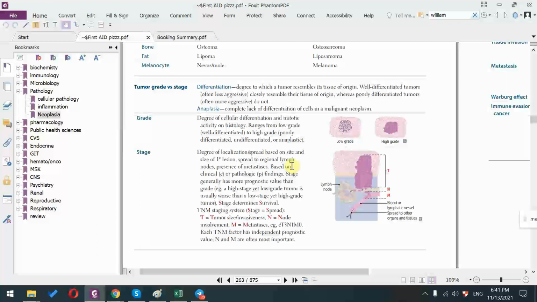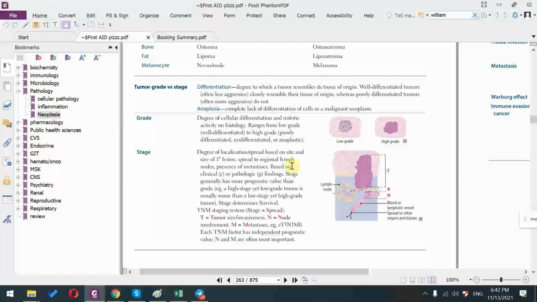It does not mean that we check the stage before the grade, but I'm telling you that the stage is a much better prognostic factor than the grade. Okay? Because when you check the grade, it might look awesome, it might look well differentiated, but if you have the tumor in every single tissue in the body, that's poor prognosis. So the staging is more important than the grading, but we do both. Okay? Because the grading is easy to do, while staging is difficult to do. You will see why.